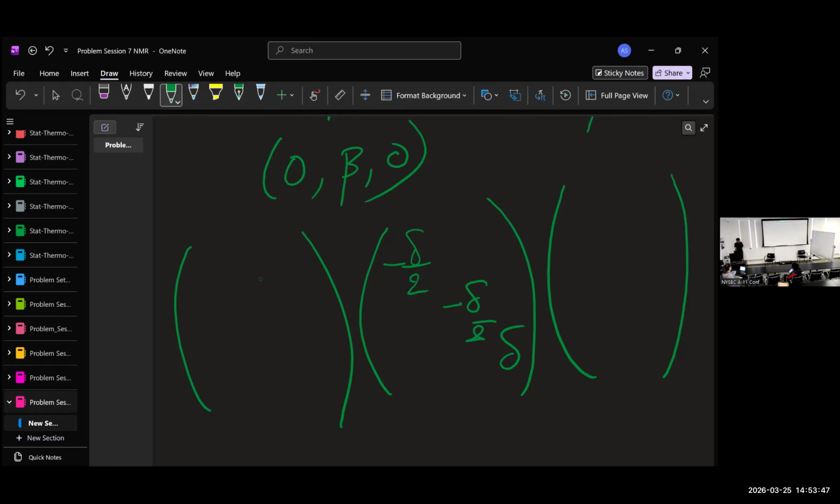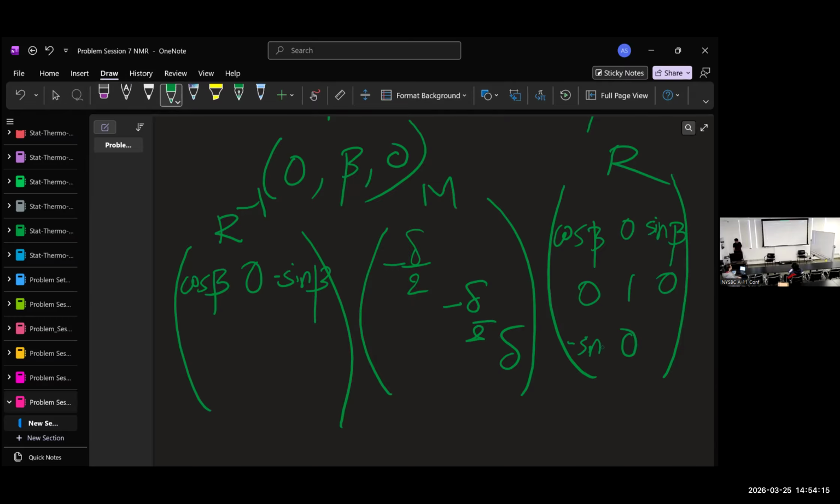Cosine theta. Yeah, because I'm doing R inverse and R over here, I get a minus sign here, and I'll get a plus sign here. Does this make sense? So this is rotation around y through an angle beta.